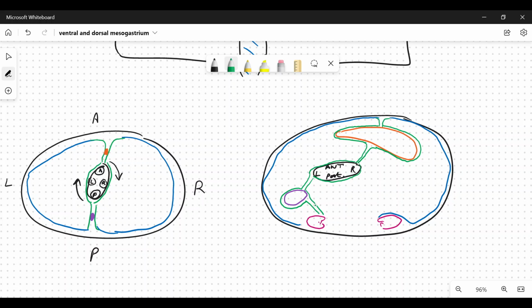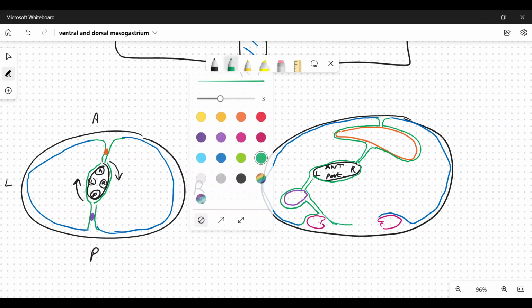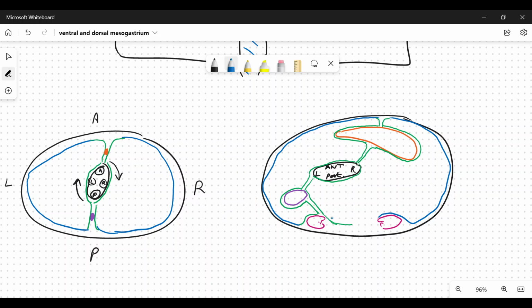This dorsal part of the dorsal mesogastrium is forming the lienorenal ligament. Lieno refers to spleen, renal refers to the kidney, and then these two layers get reflected over the kidney and the posterior abdominal wall to become the parietal peritoneum like this.